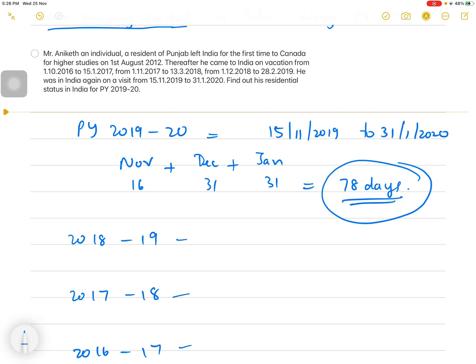So during 18-19, his stay in India is from 1st December 2018 to 28/2/2019. So December 31 days, January 31 days, and February 28 days, which is 90 days.